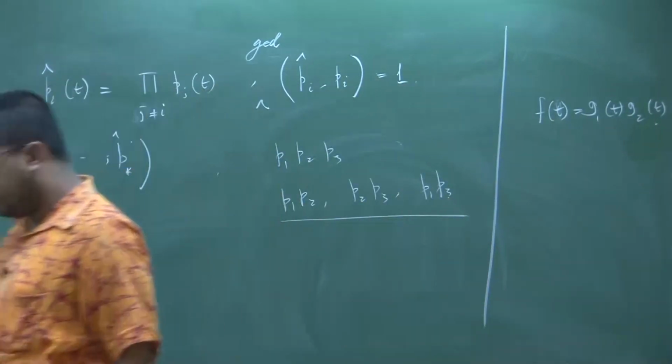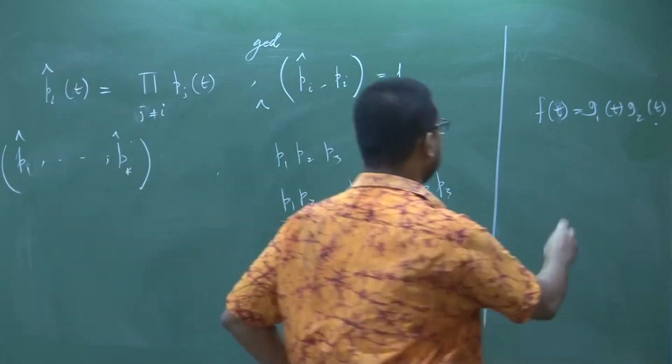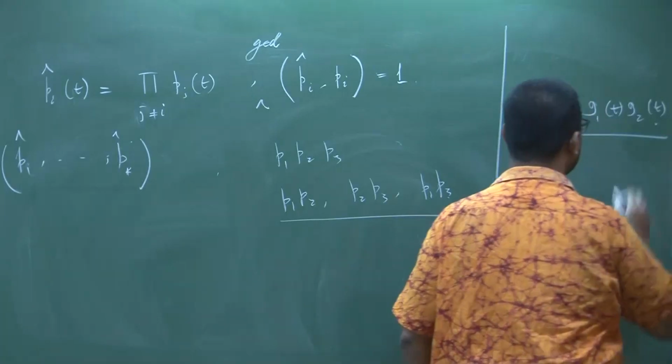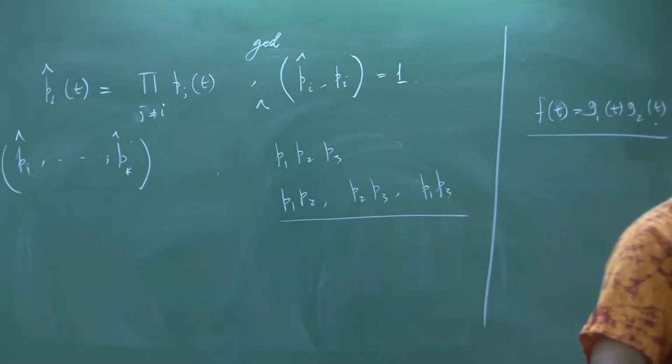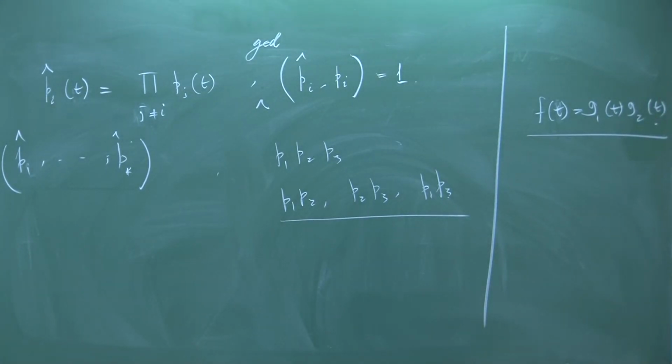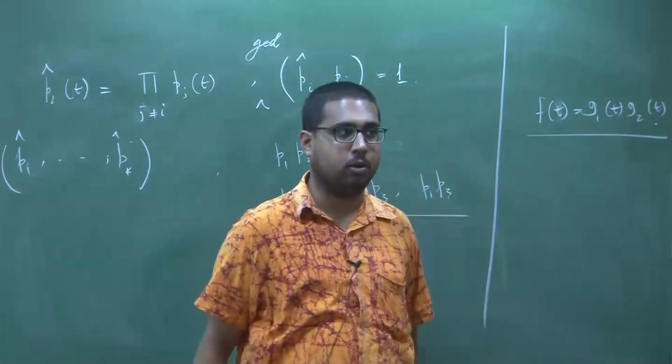This is more like an analogue of prime numbers. So, the way you prove that every number is a product of primes, in the same way you can prove every polynomial is a product of irreducible polynomials.